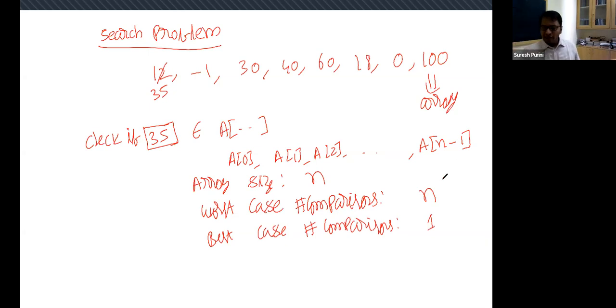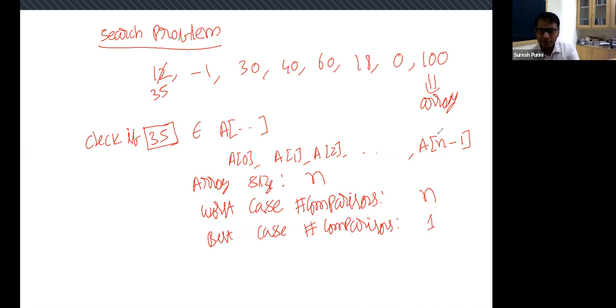Can we improve the worst case by any means? How can we improve the worst case? Binary search, okay. We will see.